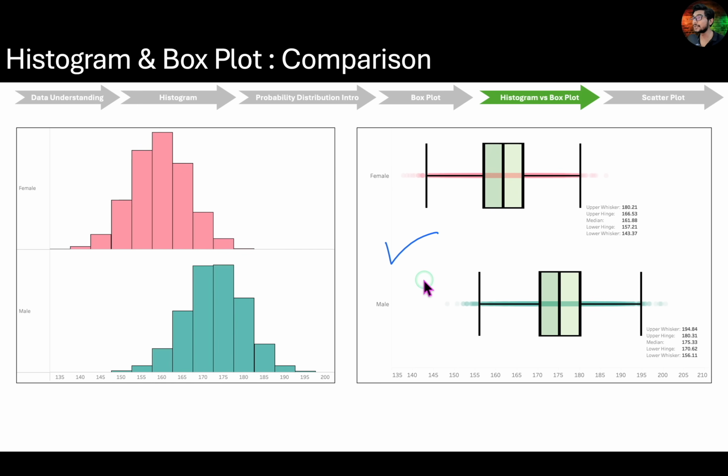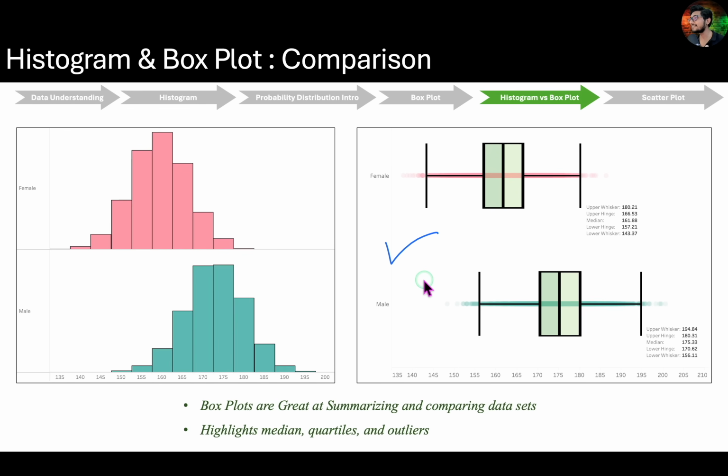So we can conclude that box plots are excellent for summarizing and comparing datasets as they highlight median, quartiles and outliers. But histograms too have their own charm and aura. Can you think of a few scenarios where histogram might be more useful than a box plot? That's exactly what we'll explore in the next slide.